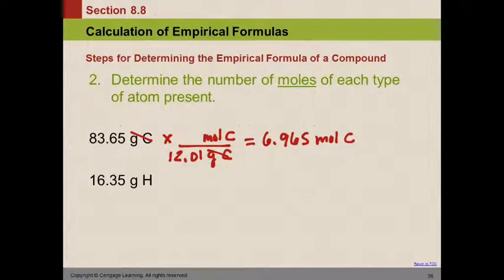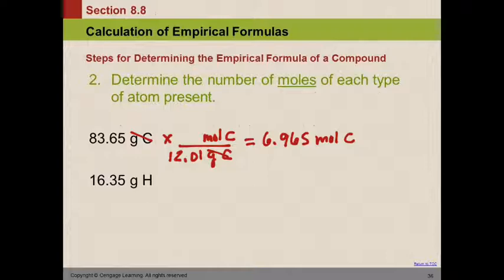Now just a word about significant figures. What are we trying to find out here? We're trying to find the empirical formula. That's going to have whole numbers in it, and so there are no significant figures in our answer. And yet significant figures are still important, because if you just throw them away along the way, you're going to introduce rounding errors and you can come up with the wrong formula.